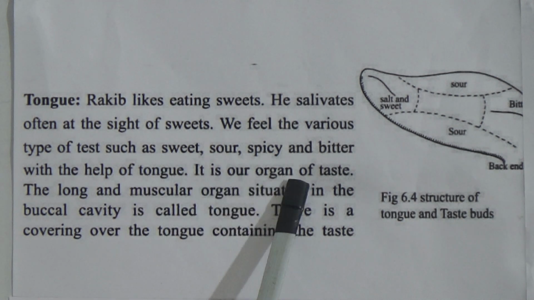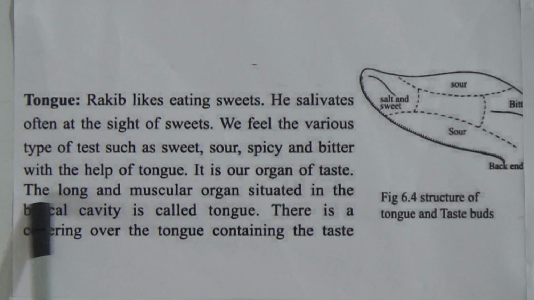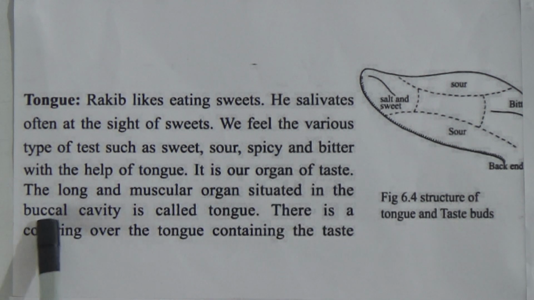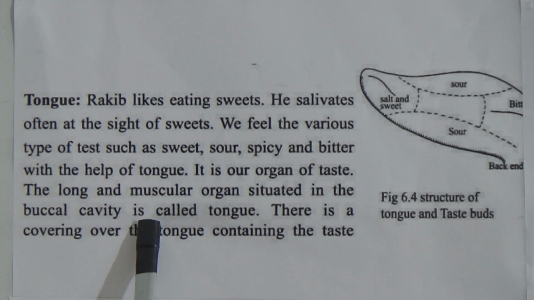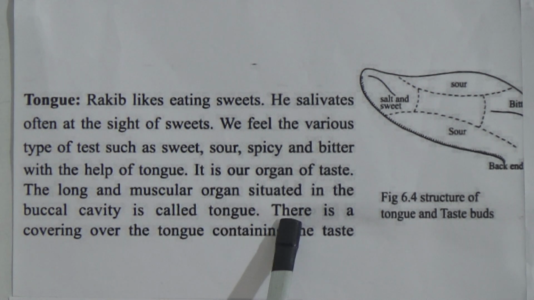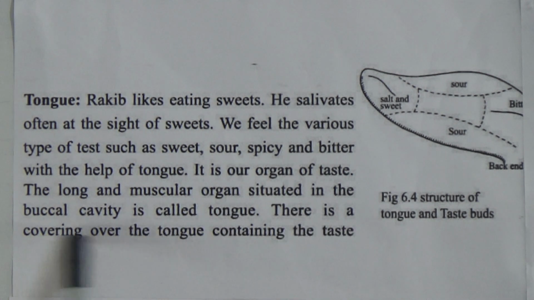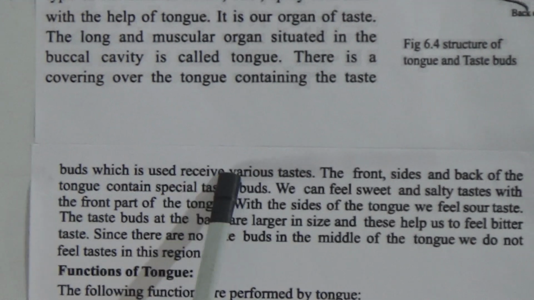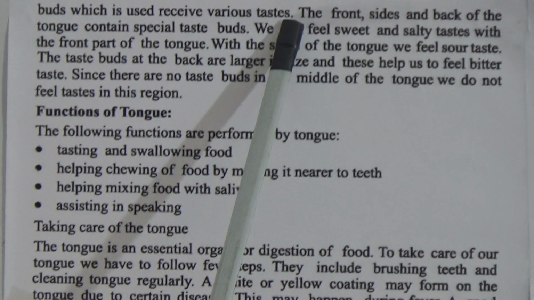It is our organ of taste. The long and muscular organ situated in the buccal cavity is called the tongue. There is a covering over the tongue containing the taste buds, which is used to receive various tastes.